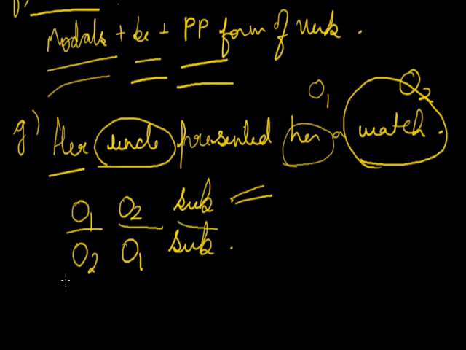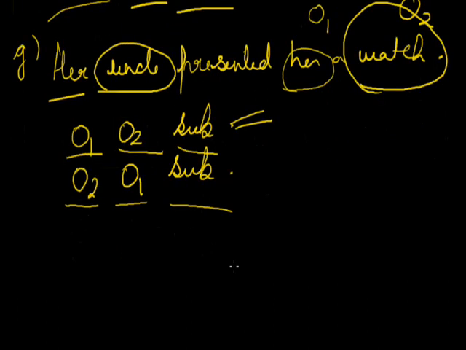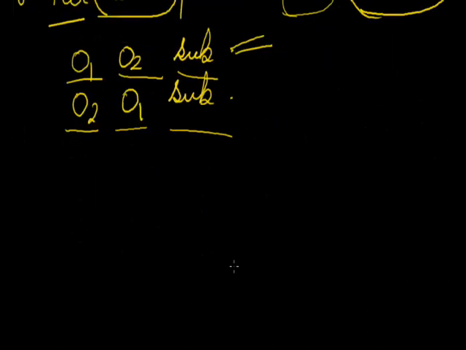Second, if you take object 2 first, the passive sentence will be "A watch was presented to her by her uncle." So object 2, object 1 followed by the subject, and in the previous one it was object 1, then object 2 followed by the subject.